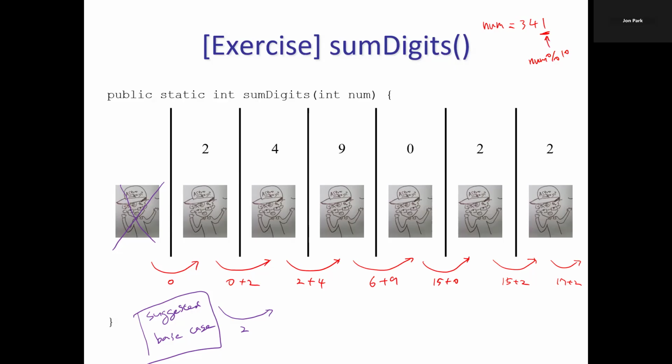Now, that's fine because I'm going to use 1 this round, but I need to call recursion on 34. How do you get the remaining digits? Brandon? Good.